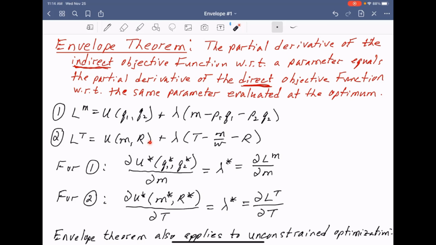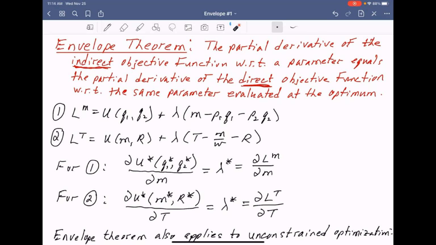Utility is a function of income and leisure plus lambda multiplied by this constraint, t minus m over wage rate minus r, and we've already incorporated, through this expression, the second, if you like, constraint, which was the budget constraint, that m is equal to WL, where L in this case is time spent in labor.